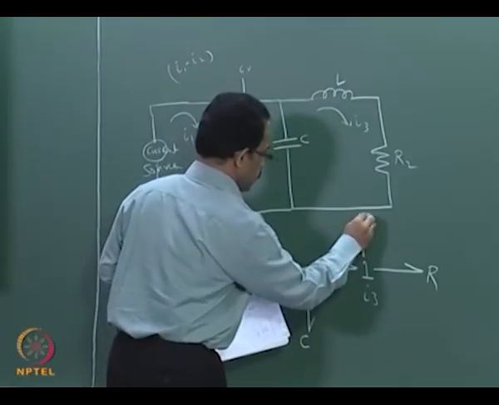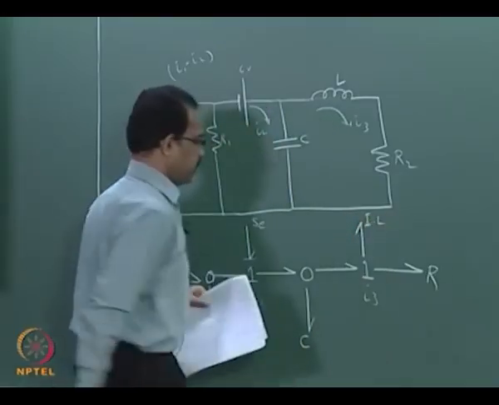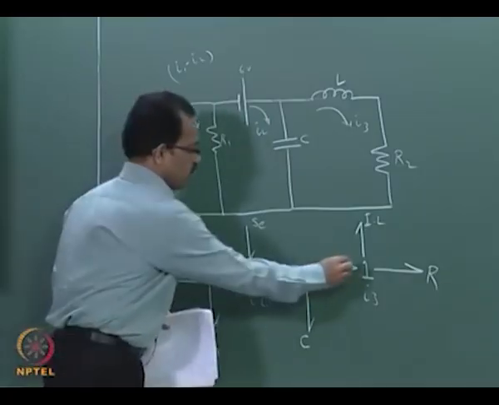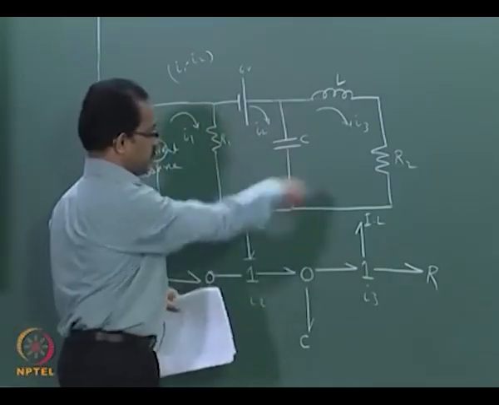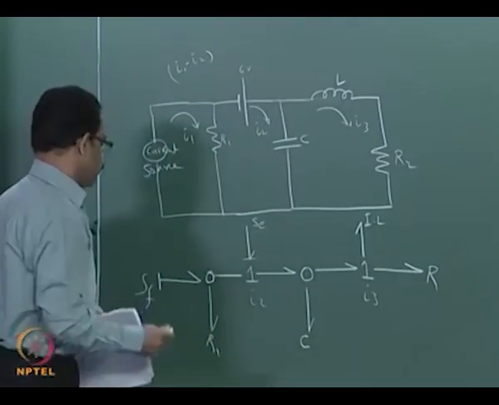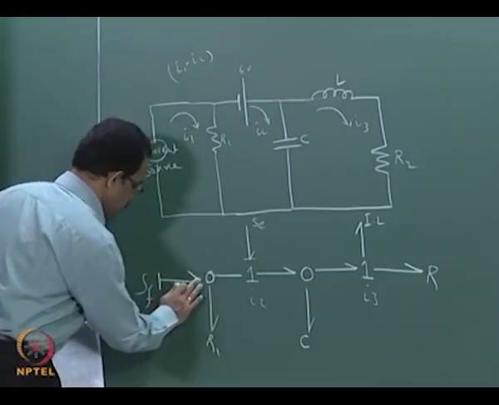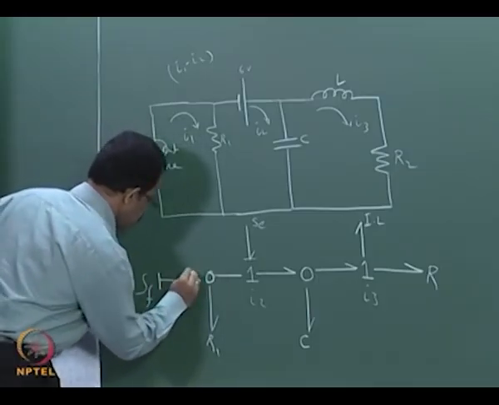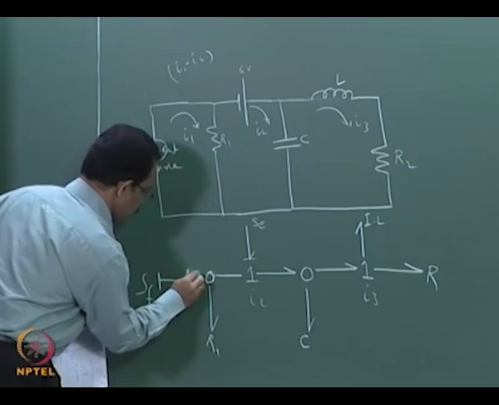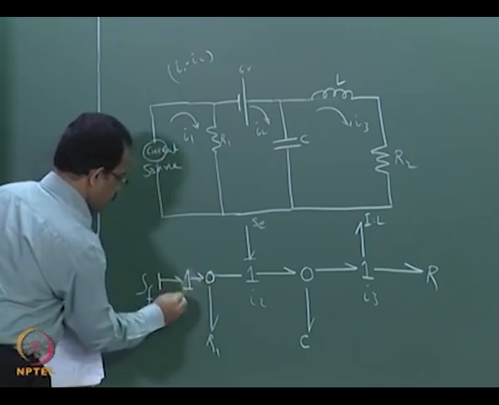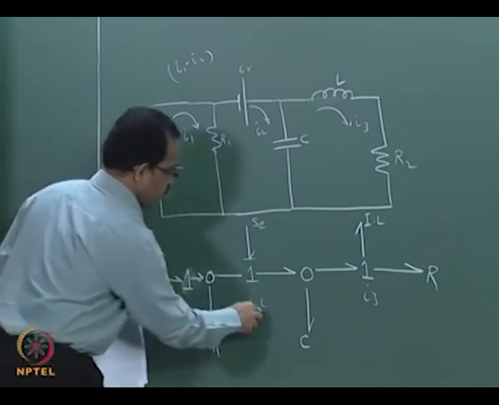I is the L element, or the inductance. So this completes the bond graph model for this circuit. Of course, we can represent it here as a 1 junction and then as a 0 junction, but I put it like this. You can also put it like this to represent that this is I1, this is I2 and this is I3.